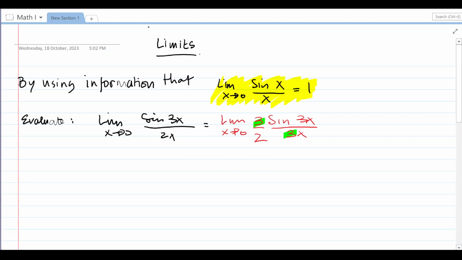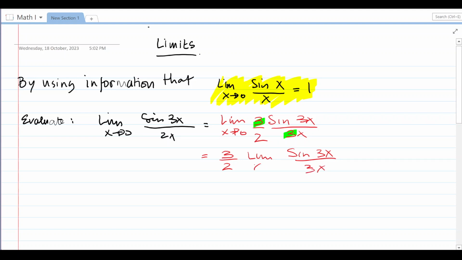So by changing the problem into something like this, we can solve the problem by continuing the process as 3 over 2 times the limit of sin 3x over 3x.